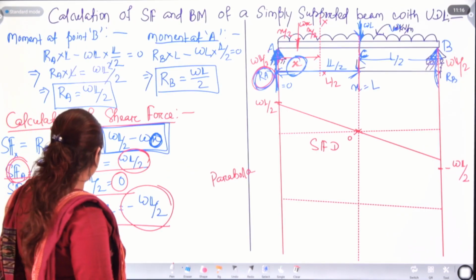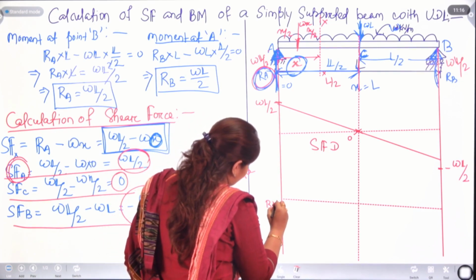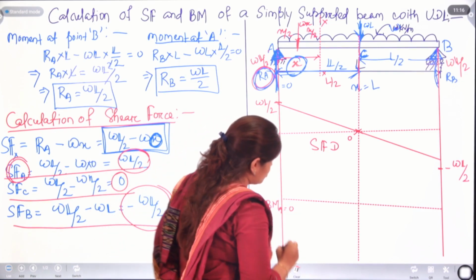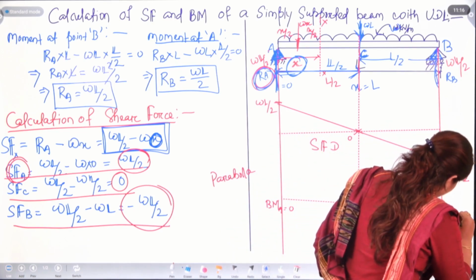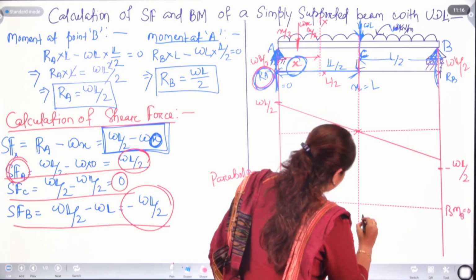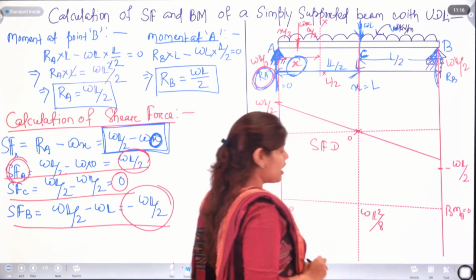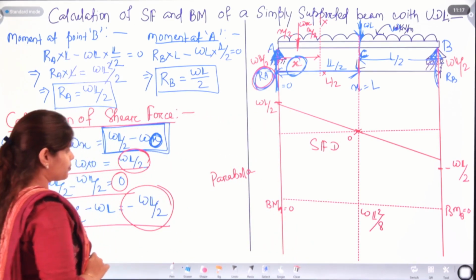So, to draw here, bending moment at A is equal to 0 and bending moment at B is also 0. Here it is WL square by 8 and with positive sign.